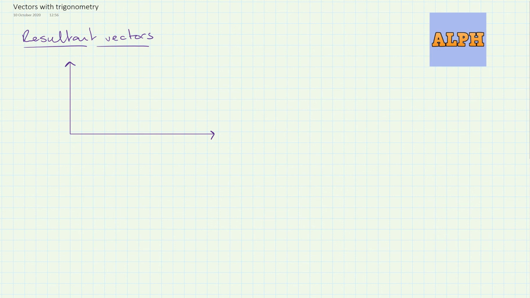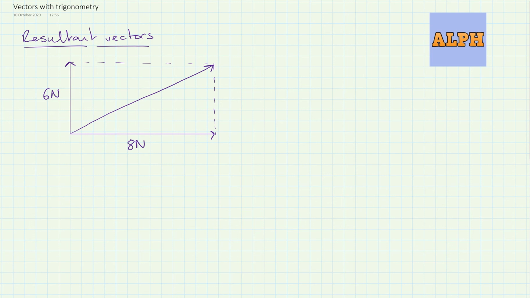Let's say 6, let's go with newtons, let's go with 8 newtons. If they're tail to tail, then you complete the parallelogram like this to find the size and direction of the resultant vector. So that's going to look like that.